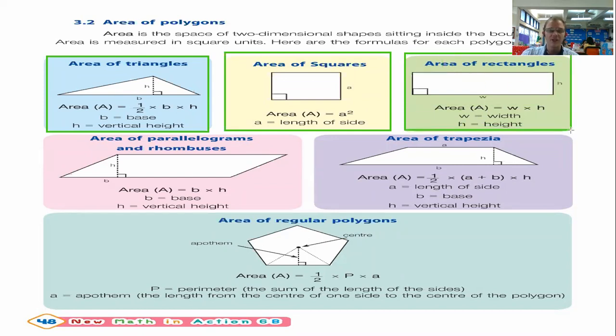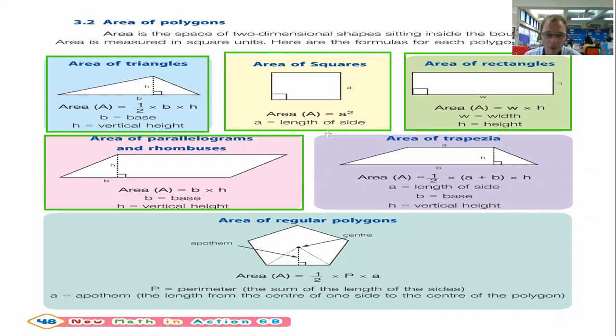Okay, next one is the rectangle. Rectangle is also very similar because it has two sides with the same length and two sides with the same length. But those sides are opposite each other. And for that, we use W times H, meaning width times height, to calculate that area. Okay, the ones that are a little bit more tricky are the parallelograms and the rhombuses and the trapezia.